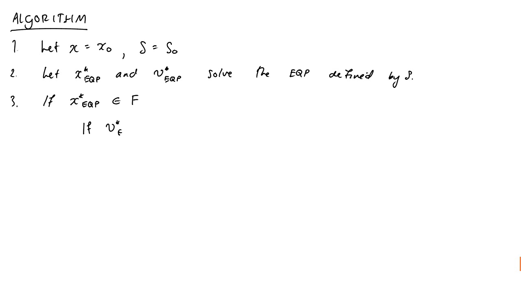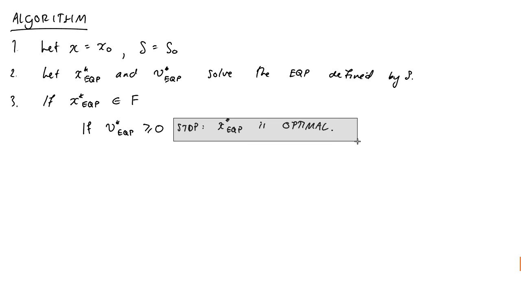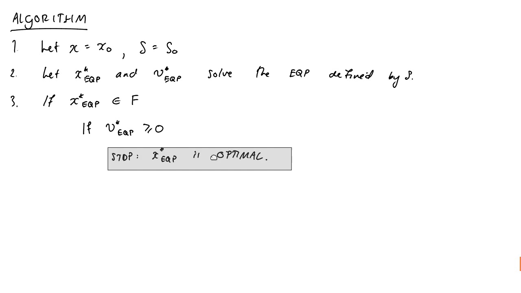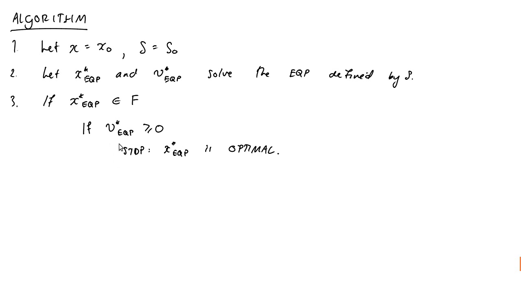If our Lagrange multipliers are greater than or equal to 0, stop. x star EQP is optimal. If we want to lay this out a little bit more like code, I'd put that down here, because I'm indenting like you would in MATLAB.